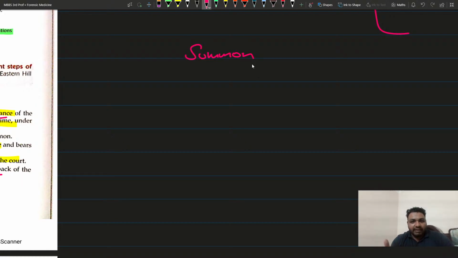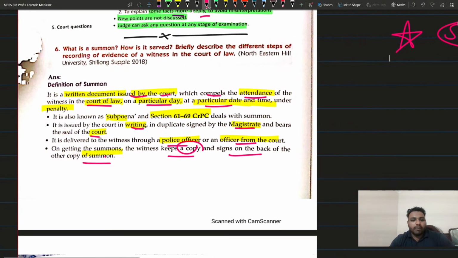And once it's received by you, for example, if a summons has come to you, what will you do? Firstly, you will sign one copy of the summons and keep the second copy. Who can deliver it? A policeman can deliver it, or an officer appointed by the court. Why am I emphasizing it? It's a very important question; this question came multiple times in previous years.